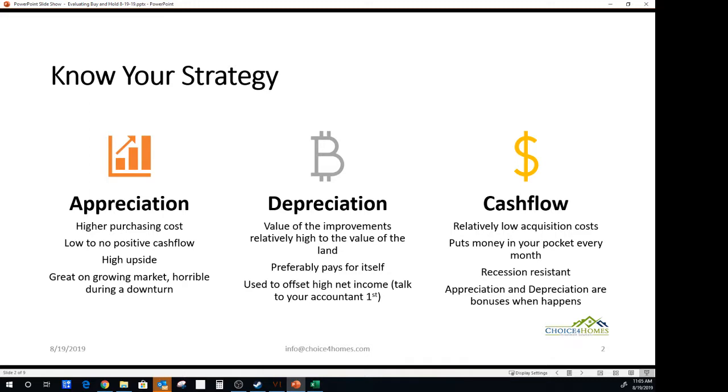However, if you purchased an asset that is Class C, kind of out in the boonies someplace, and your tenant is a lower income individual who may or may not be on government subsidy, when the recession hits, those generally don't get affected that much, especially the ones on government subsidy.